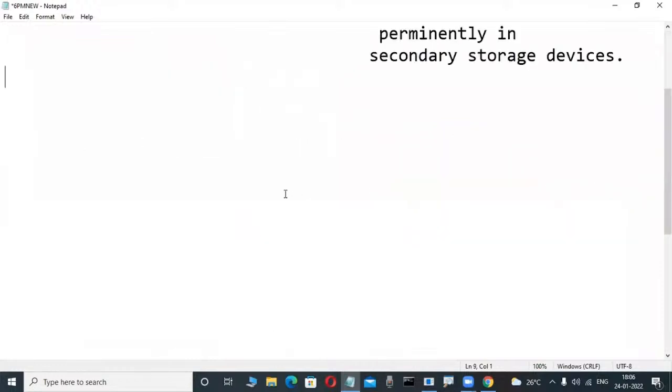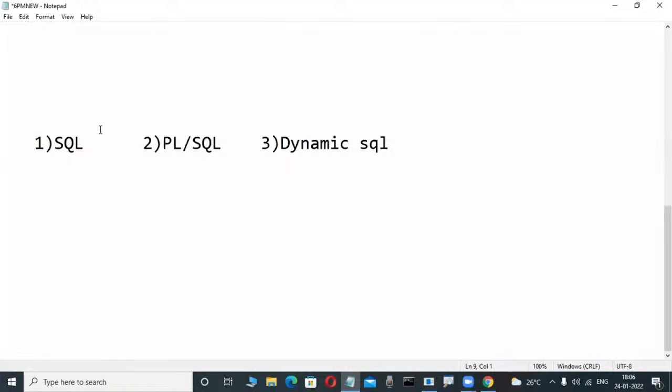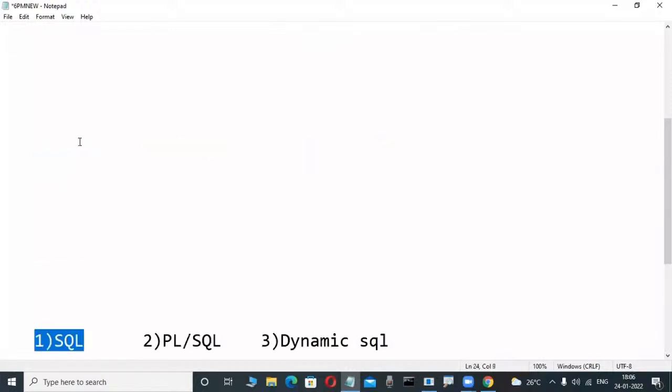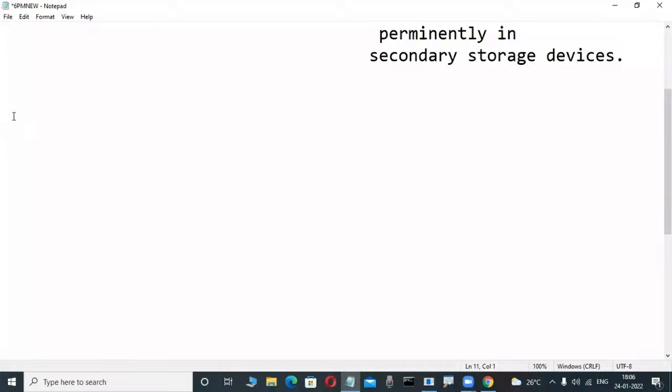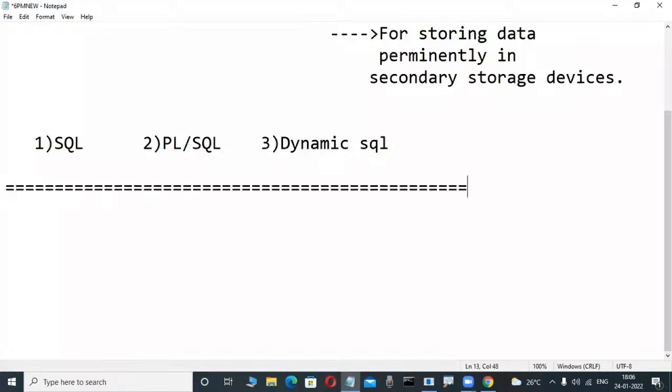Oracle, SQL Server, DB2, Sybase, MySQL, all these databases are implemented based on the relational data model concept. For operating these products, we use SQL. But for the Oracle database product, if you want to operate, 3 languages are used: one is SQL, another is PLSQL, another is dynamic SQL. Up to this, we learned in the previous classes.